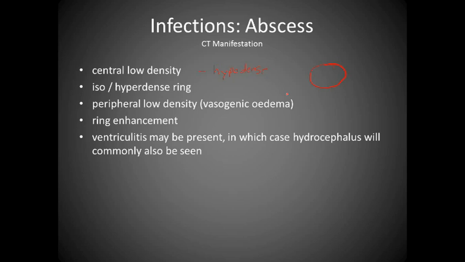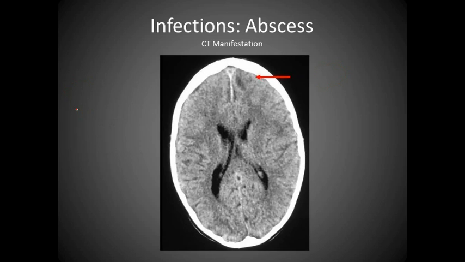Peripheral low density. Ring enhancement. This kind of goes back to the iso or hyperdense ring. Ventriculitis may be present, in which case hydrocephalus will commonly also be seen as well. As we know, hydrocephalus is accumulation of cerebrospinal fluid in the brain, which widens out the ventricles. So typically you might see this as well.